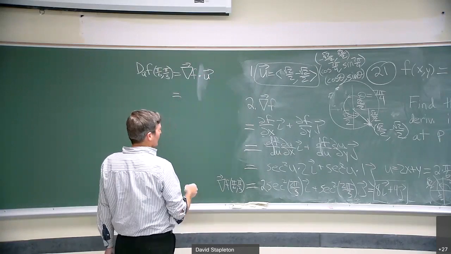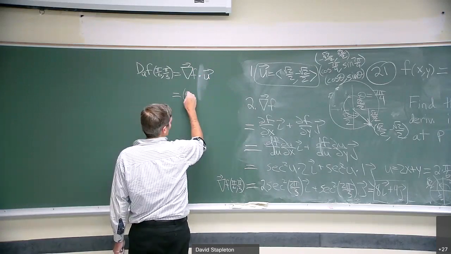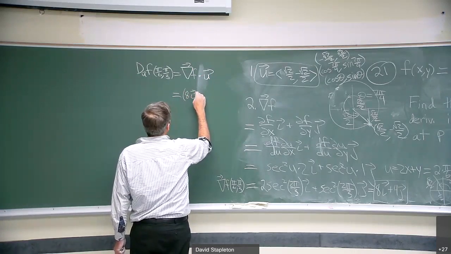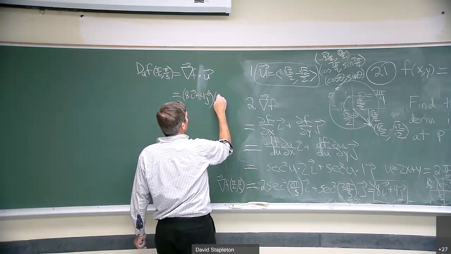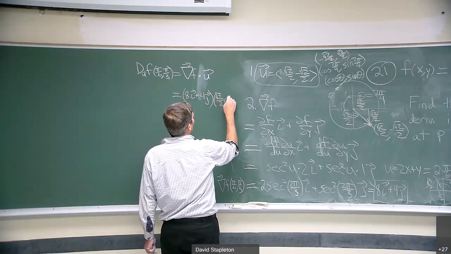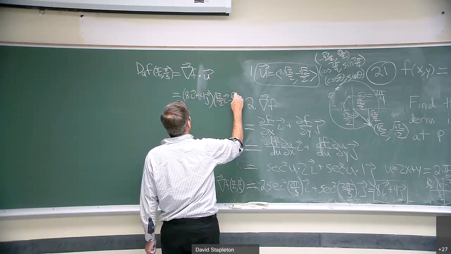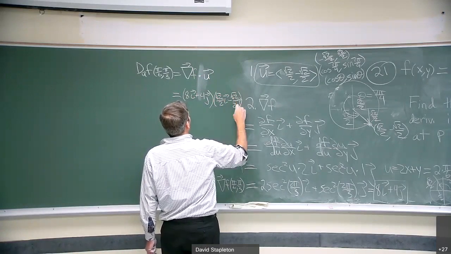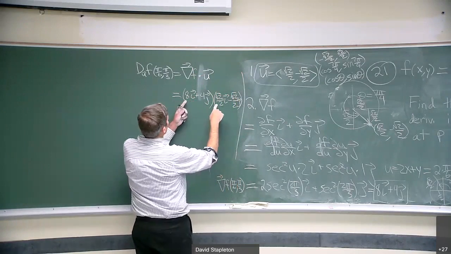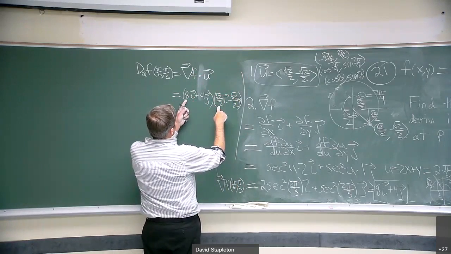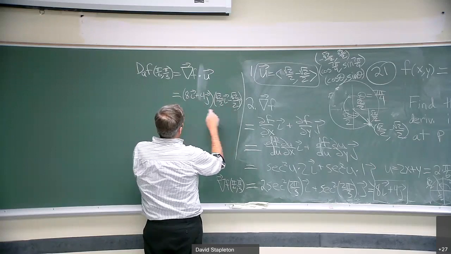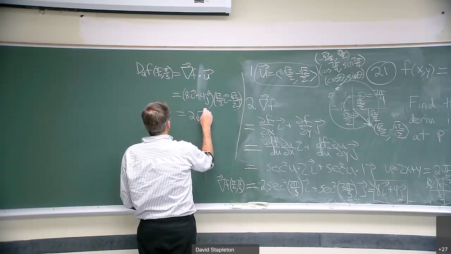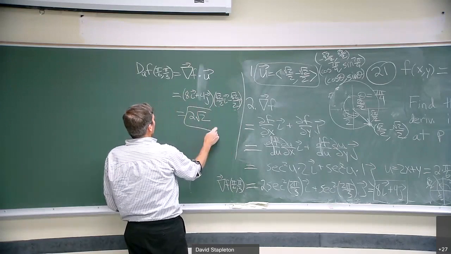The gradient was 8i plus 4j. The unit vector was square root 2 over 2 i minus square root 2 over 2 j. So it looks like we have 4 square root 2 here minus 2 square root 2 here. This times this plus this times this is this, 2 square root 2 looks like. Hopefully that's the answer in the back.